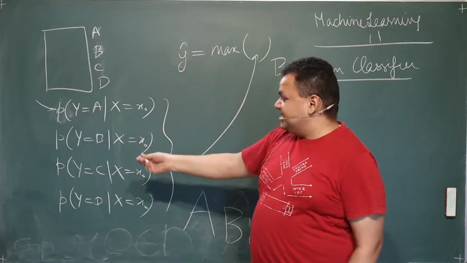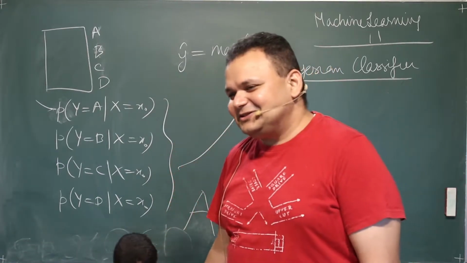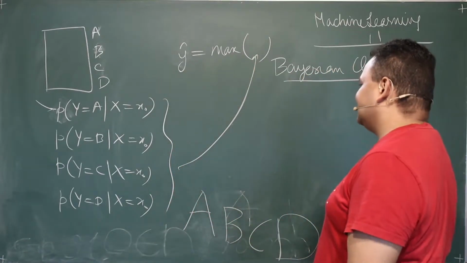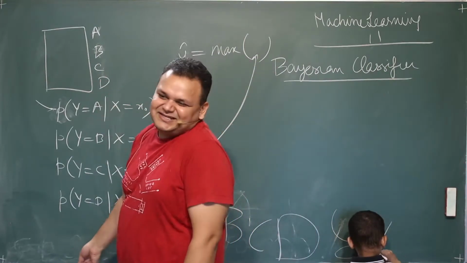So the main question is how do you find these probabilities. Again, that is the most difficult thing to answer. How do you find these probabilities for each of these classes? It is very difficult.